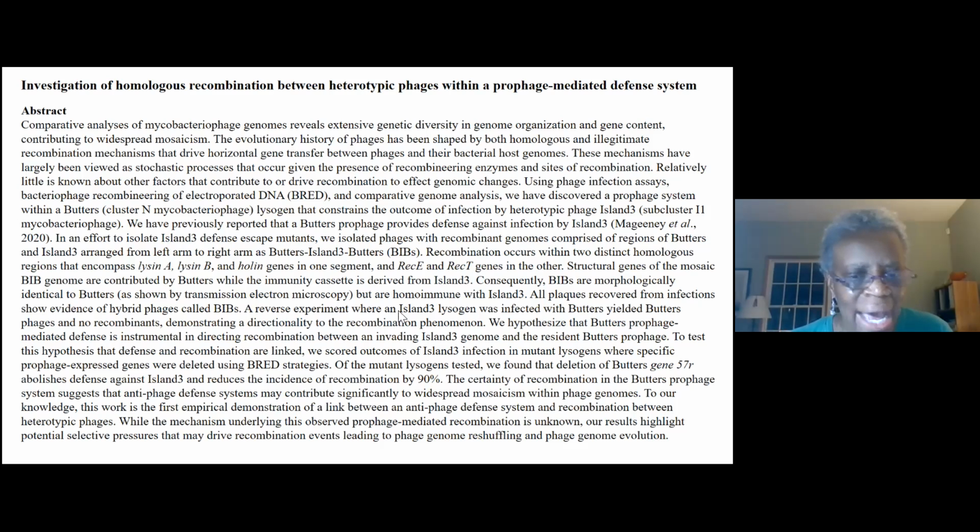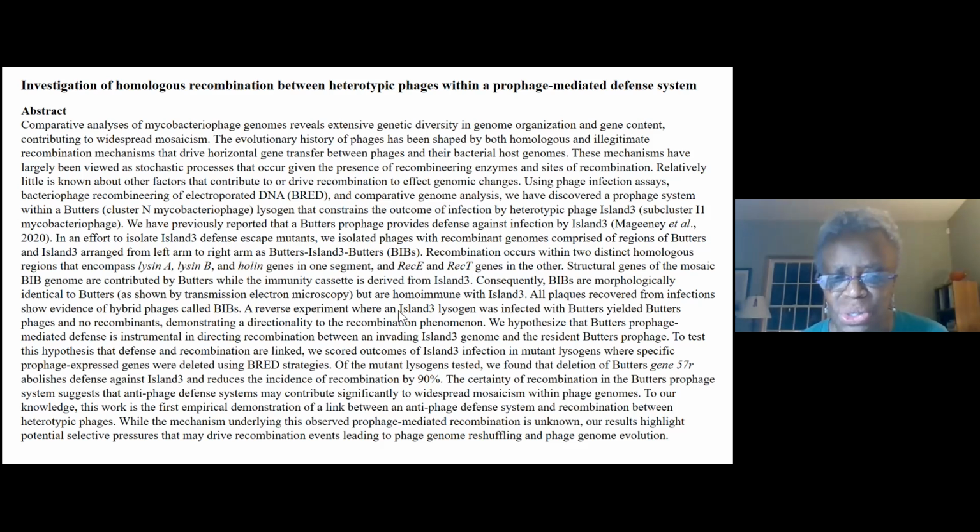And so what you get out of that infection is not Butters, it's not Island 3, but it's a Butters Island 3 hybrid. And that's what this whole abstract is about, okay? Now, the way the abstract is written, it's based on the recombination events. But the order in which we uncovered all this is not the order in which I told you.